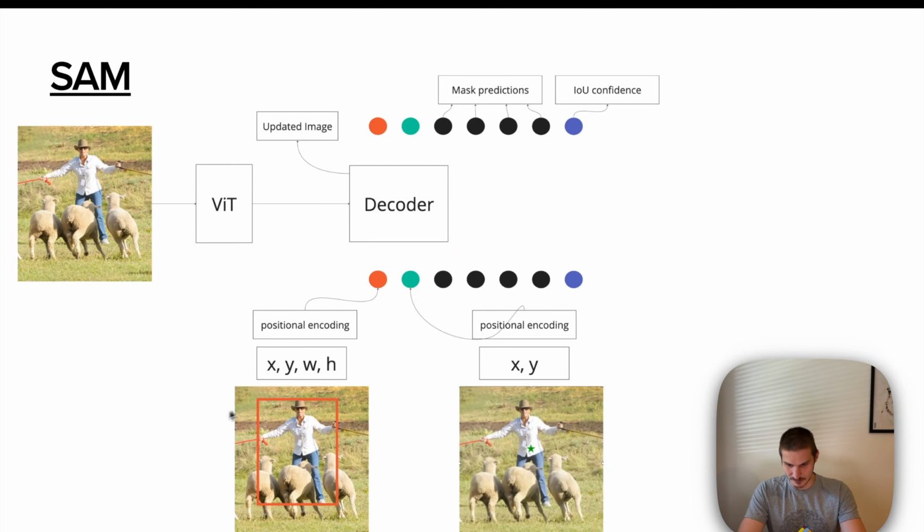We can encode the bounding box, we can encode a point, or we can encode a question saying, please predict a mask, or please predict IoU confidence. We put all of that in the input, and then the decoder just sort of eats that, and it knows what to do with every token, and they interact with each other, they interact with the picture, and then once we actually train that and connect these outputs to the loss, it starts to make sense.